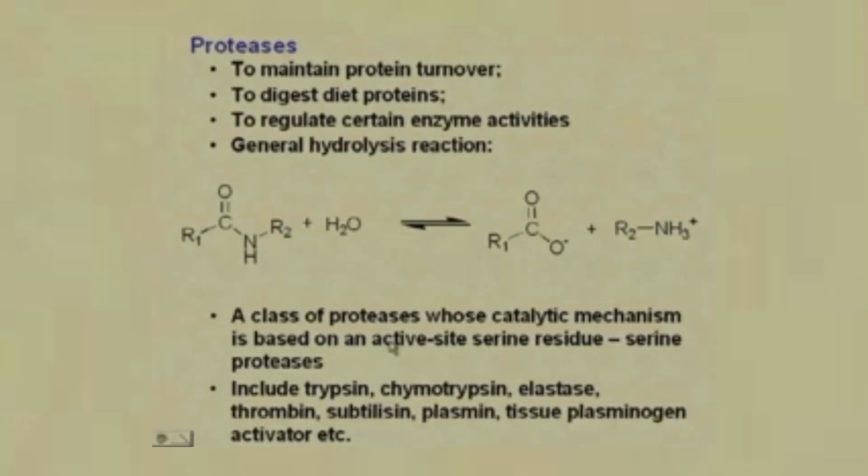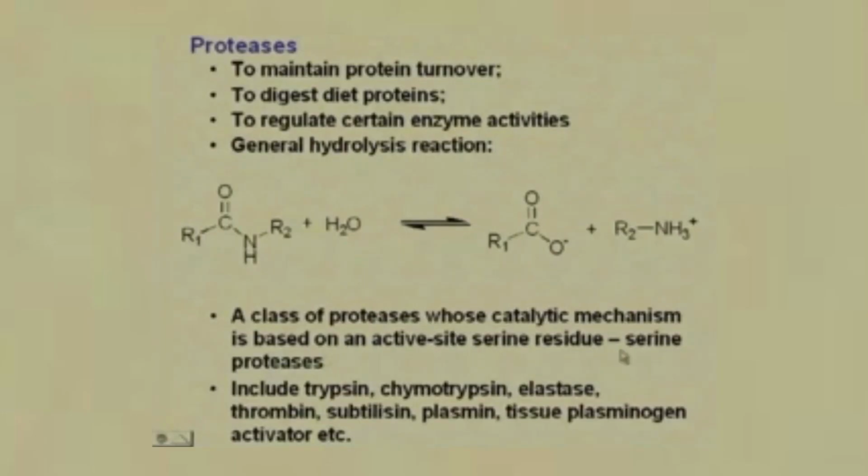Basically, the names given to the different proteases depend on what residue the catalytic mechanism is dependent on. For example, if we have a class of proteases whose catalytic mechanism is based on an active site serine residue, we call them serine proteases. There are aspartic acid proteases, where the catalytic mechanism would be based on an aspartic acid.